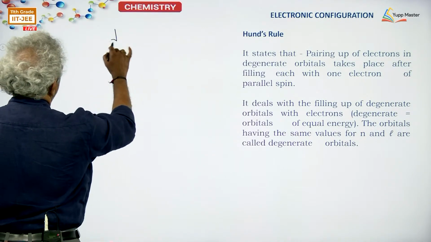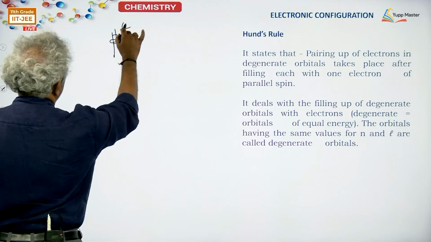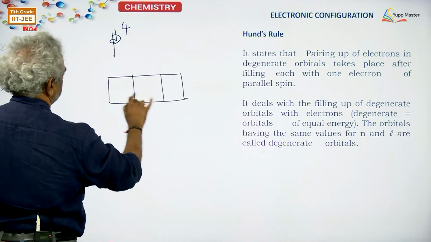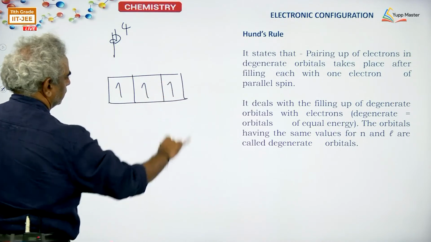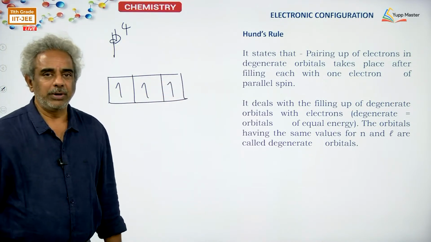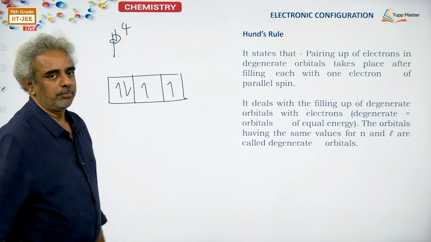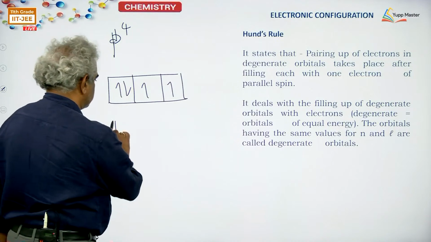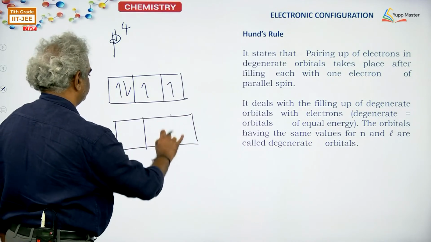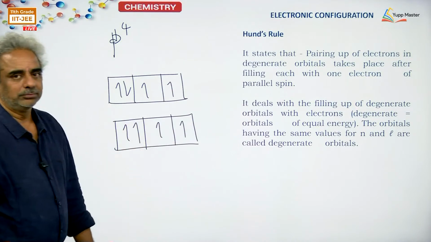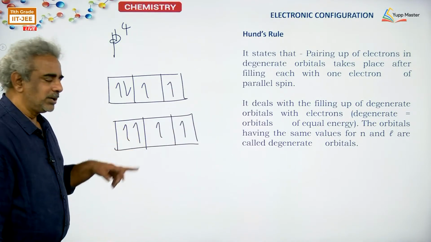I have p4 configuration. p4 means there are 3 p orbitals, 1, 2, 3. You have to fill like this. That 4th electron, it has to pair up. Don't do like this. This is also wrong. What is this?